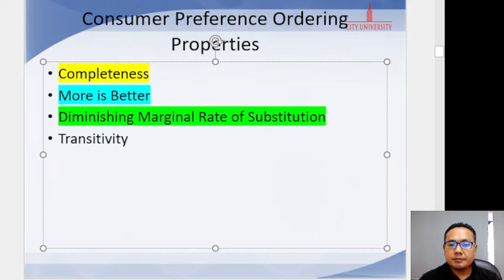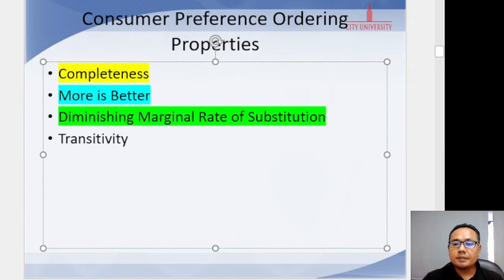Then transitivity is for any three bundles A, B, and C. If A is more satisfying than B and B is more satisfying than C, then A is more satisfying than C. Similarly, if A is equally satisfying as B, and B is equally satisfying as C, then A is equally satisfying as C. The assumption of transitive preferences together with the more is better assumption implies that indifference curves do not intersect one another.